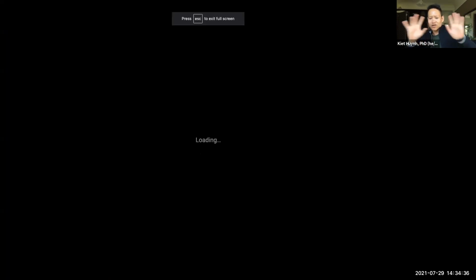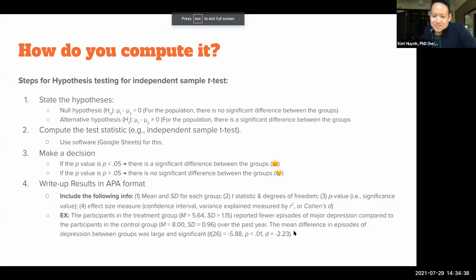And we'll talk about what all these terms mean in a little bit. So the t-statistic is negative 5.88. The degrees of freedom is 26. The p-value is less than 0.01. The Cohen's d effect size is negative 2.23.